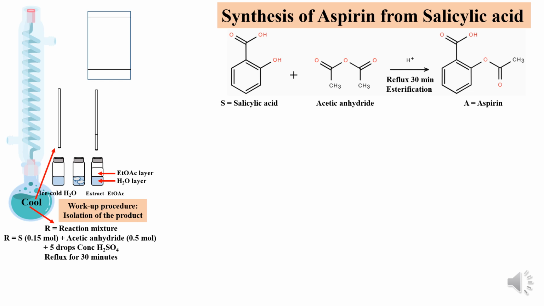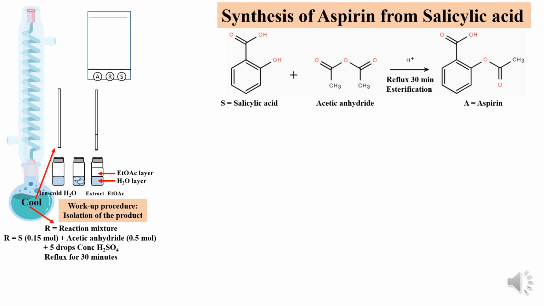Take a TLC plate, draw a baseline using a pencil, mark reference spots on the baseline and label these spots where you are supposed to apply the aspirin, the reaction mixture, as well as the starting material, that is salicylic acid.